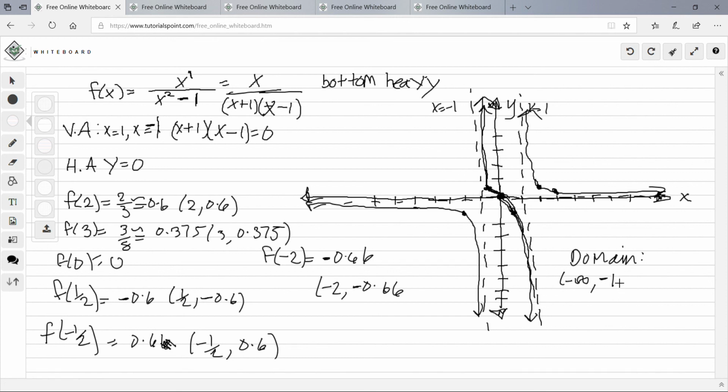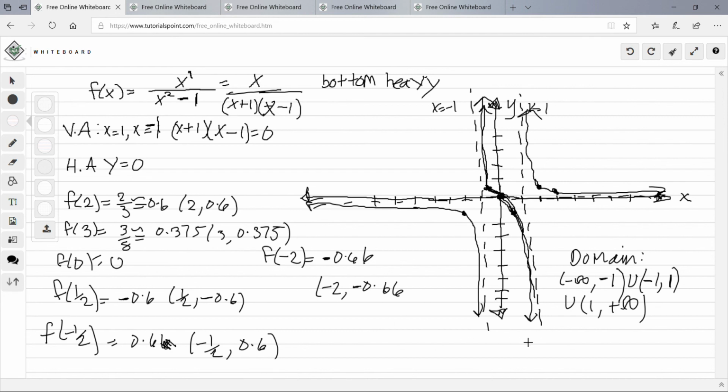And the reason why I'm going to use parentheses, not brackets, is that since this is an asymptote, it gets really close, but it never touches. So that's why it's parentheses. I'm going to use union from negative 1 to positive 1, because that's our other asymptote, 1. And then union, from 1 to positive infinity.